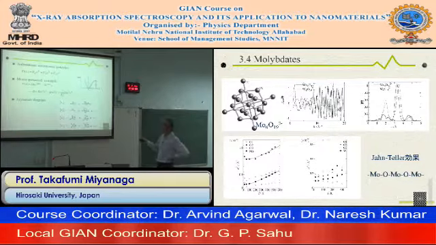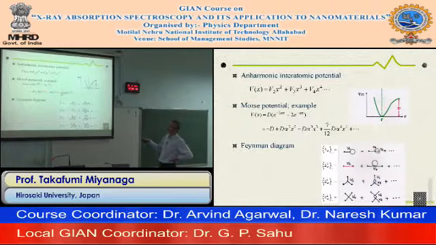For this type of Morse potential, it has such equations and is expanded here. The first harmonic part is here and the second part is here. So we use the second Debye-Waller factor and the third order cumulant. The lowest order, the second cumulant, is equal to V2, meaning the harmonic part.